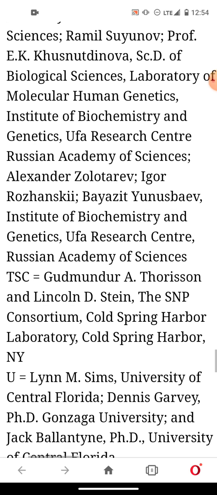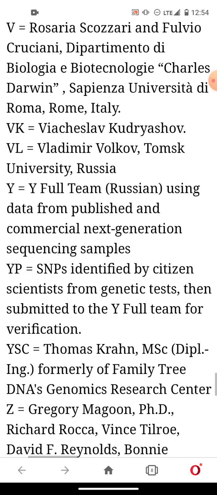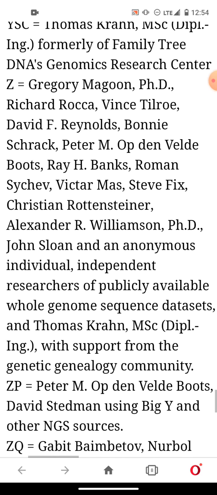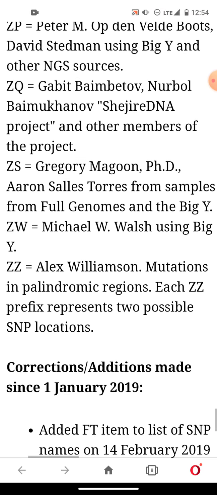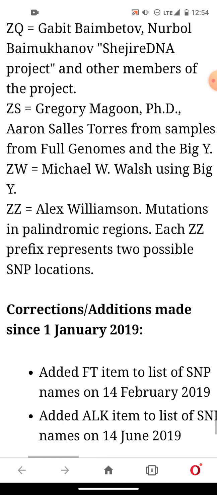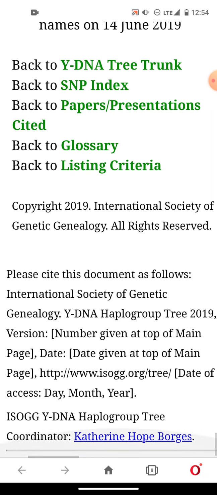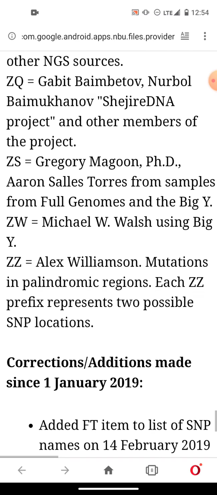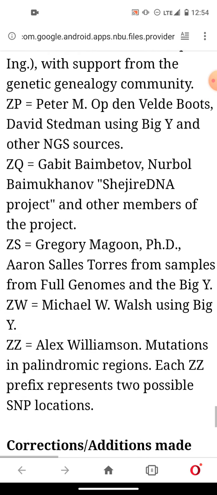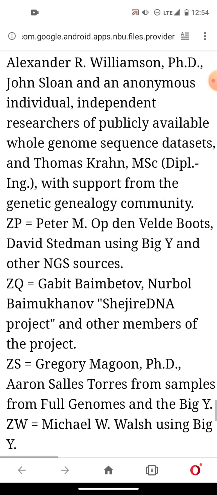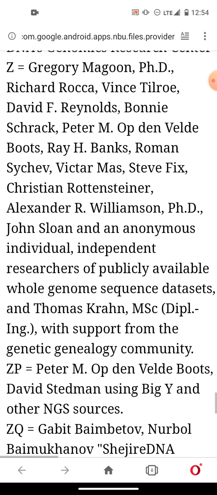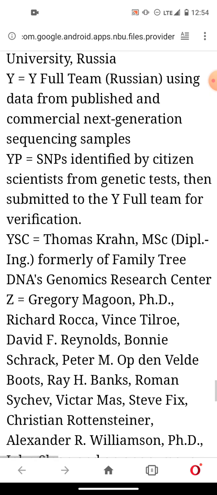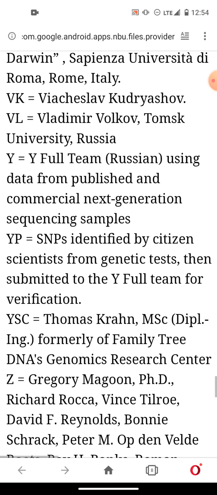So we scroll down. There's a Z, I believe, and here goes Z. I'm going to scroll down to show you the whole page. Slowly go back up. All this is just building a decent foundation for understanding this Y-DNA information.